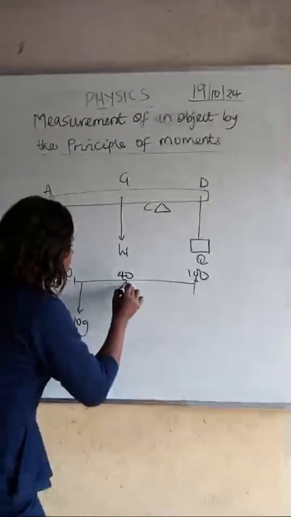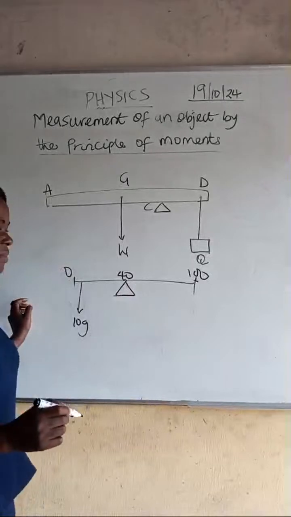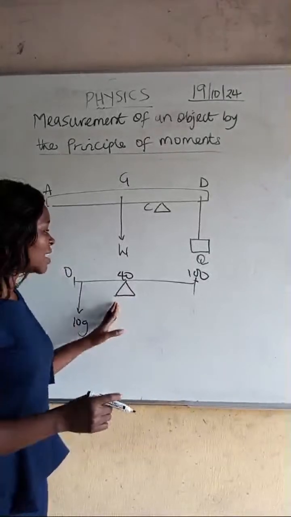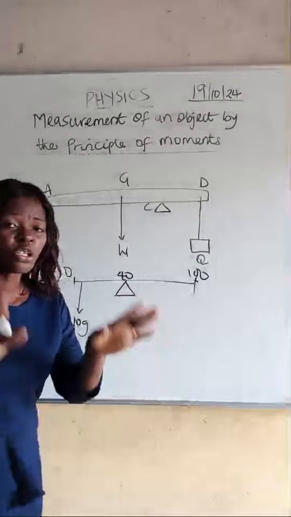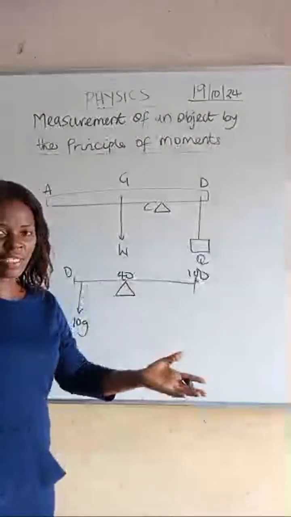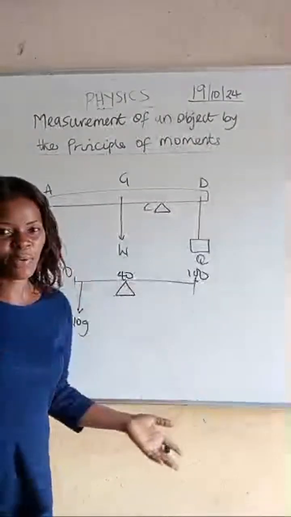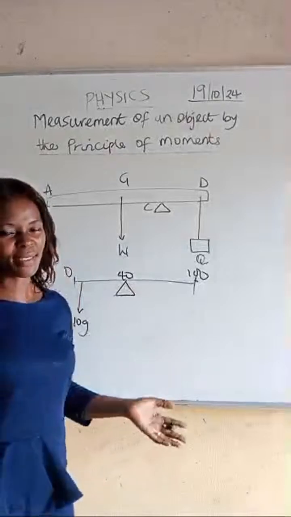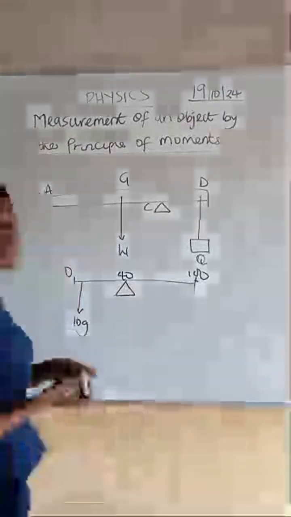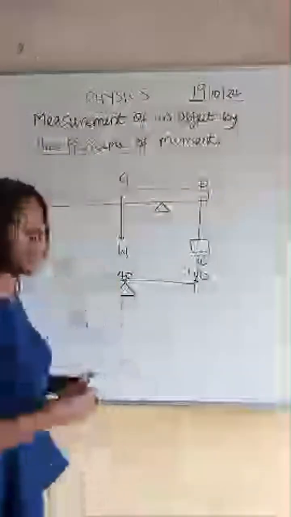They now put a pivot. And you're asked to find the mass or the weight, because mass and weight are related. With mass, you can get weight. With weight, you can get mass. I will tell you how it is related. We are now asked to find the mass or the weight of this meter rule.